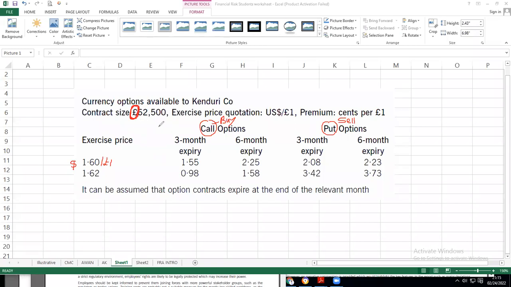The right to buy a pound. And I want the right to buy at 1.6, which expires 3 months from now. We'll say we can give you that right to buy at 1.6. You're going to pay us this. These are the cents you are going to pay us for every pound that you want to buy at 1.6.